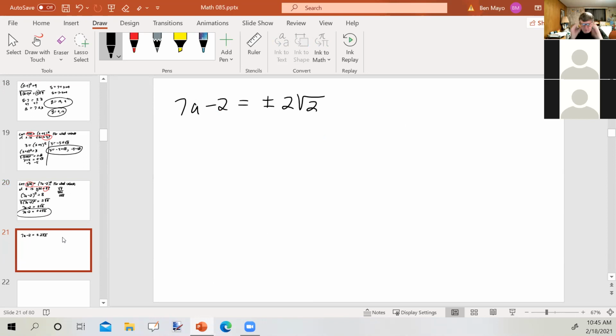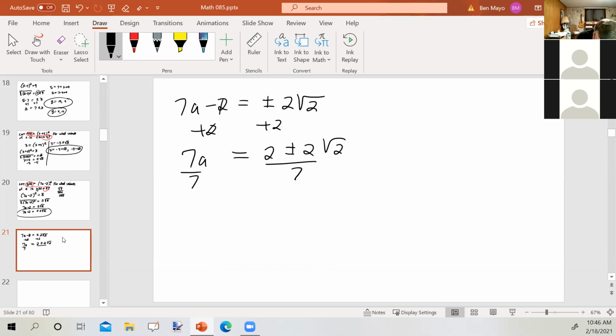Okay. So now I've got to solve for a. I'm going to add 2 to both sides of the equation. So 7a equals 2 plus or minus 2 square roots of 2. Okay, so far so good. Now we're going to divide both sides by 7.